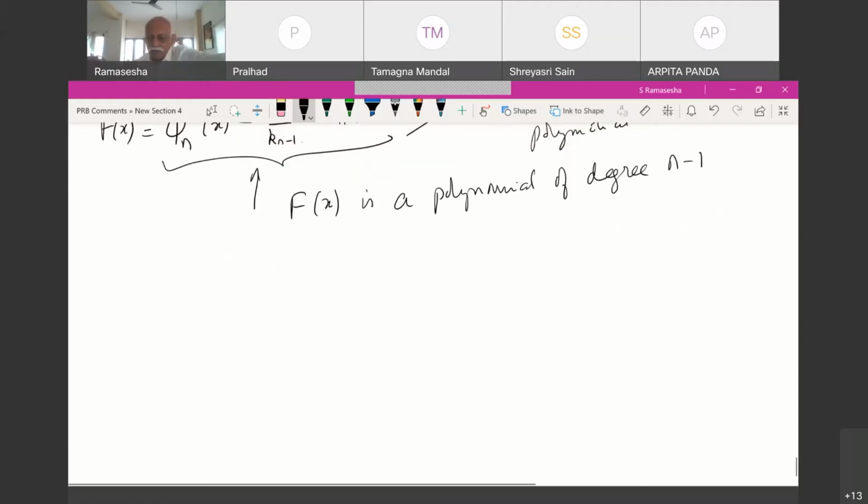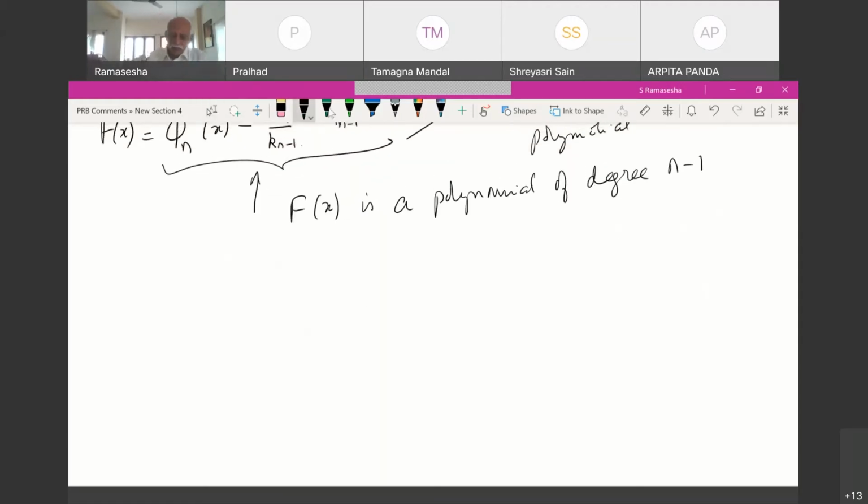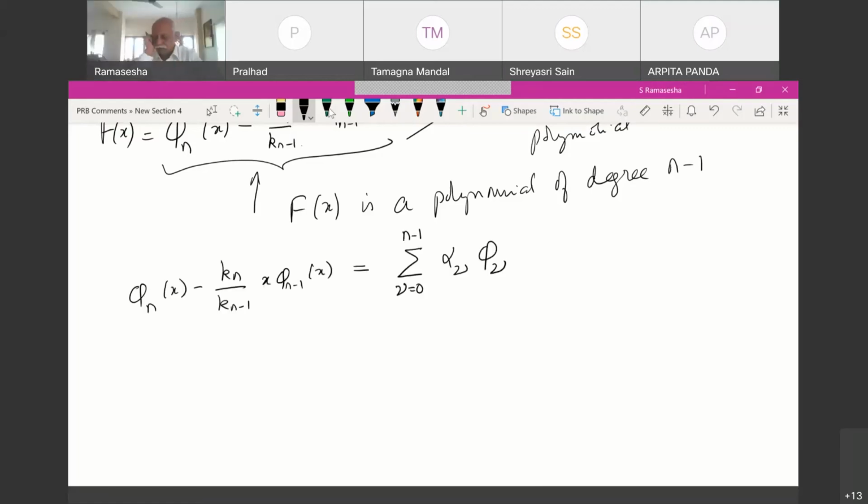Okay. Having said this, you can write Pn minus Kn upon K(n-1) x P(n-1) as a sum of alpha nu phi nu, right?